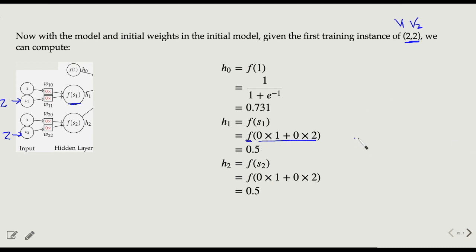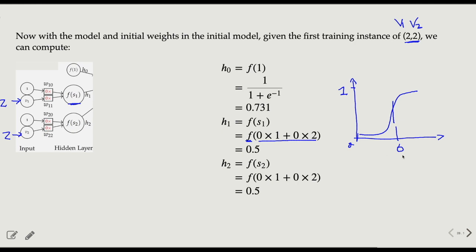If you remember the sigmoid function, at 0 point, this is value 1, this is 0.